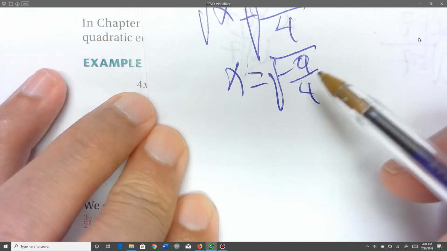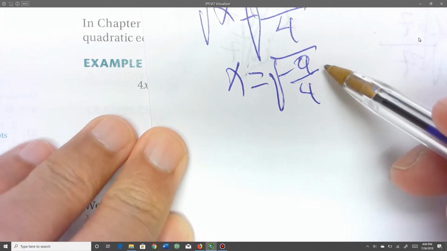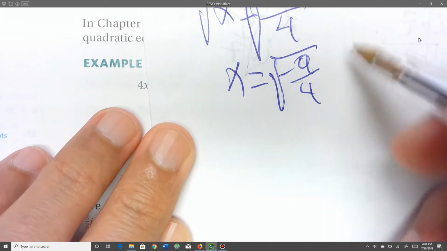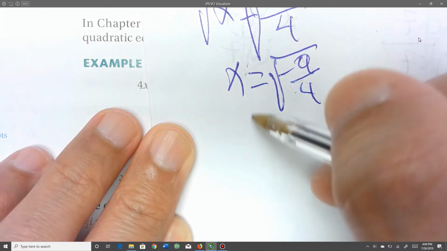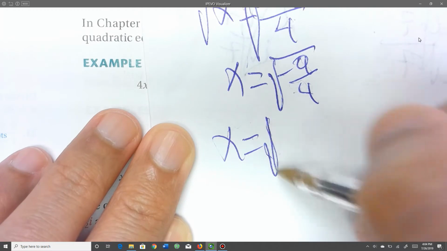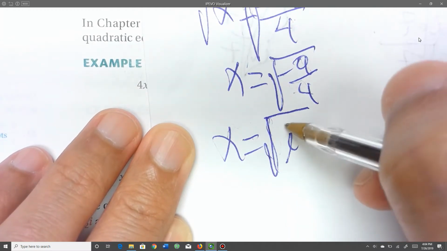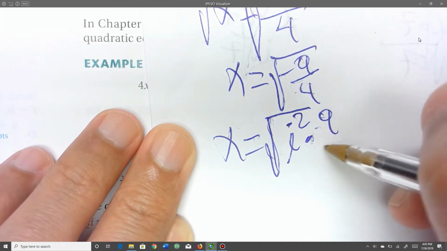Okay, so I'm right here now. For this square root, think about it as, and this is the way I would work it out, i squared times 9 over 4.